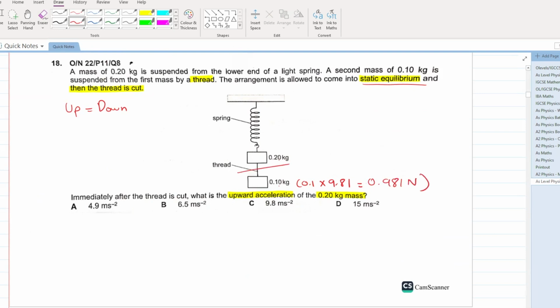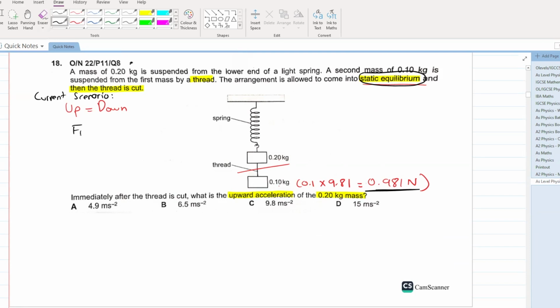Immediately as we cut this thread, this force of 0.981 Newton will vanish from the downside. In the current scenario, up forces are equal to down forces because you are in a static equilibrium. As soon as you cut this mass with a thread, this amount of force vanishes.